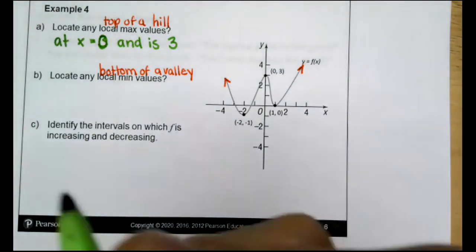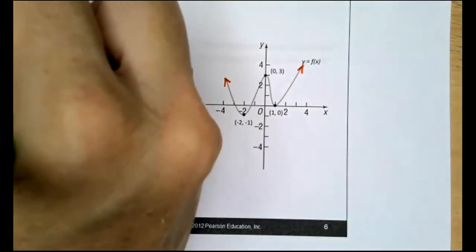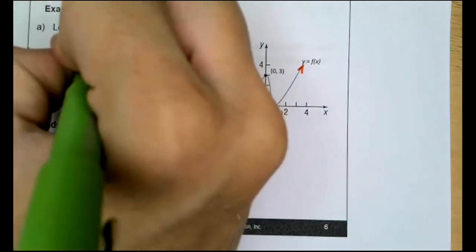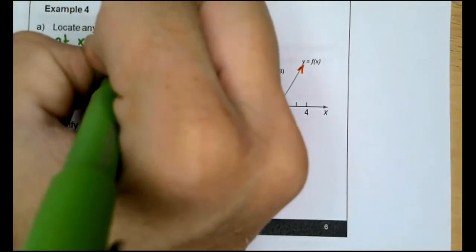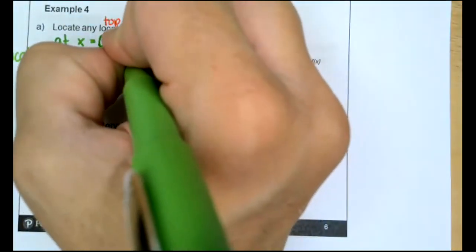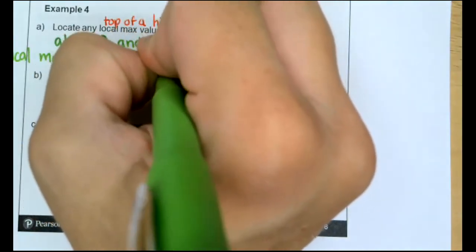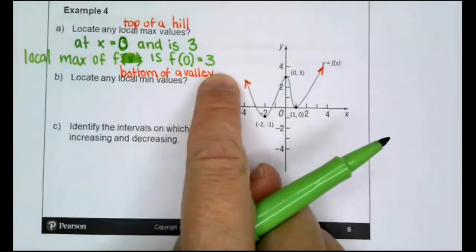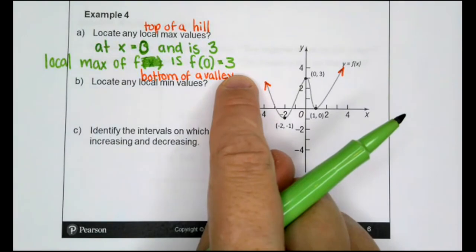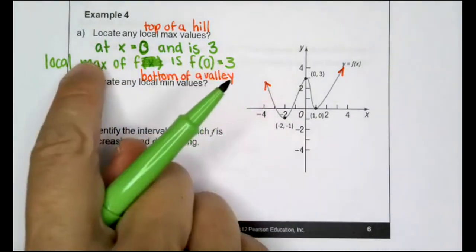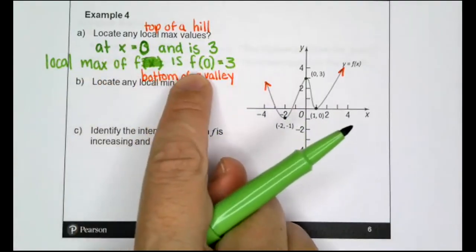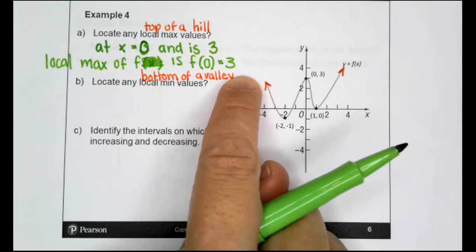They also may say the local max of f is f of 0 equals 3, because we know that is where x goes and that is where y goes, all right? It's confusing. The local max is at x equals 0 and is 3. The local max of f is f of 0 is 3, okay?